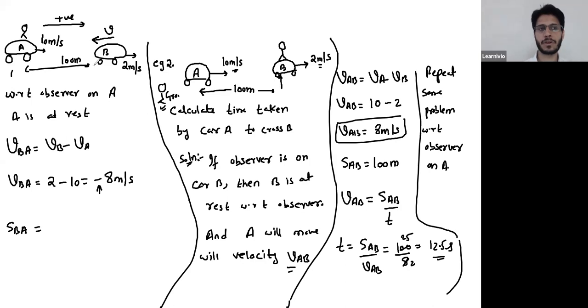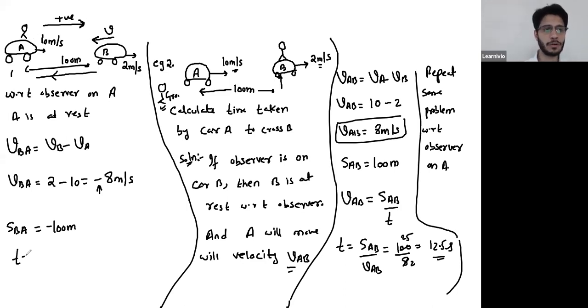Since it will move in this direction, the displacement it will cover is to the left hand side. But we have considered the right hand side to be positive, so I am taking this as minus 100, because it's moving in the backward direction with respect to this observer.